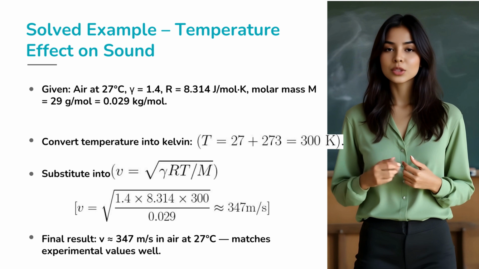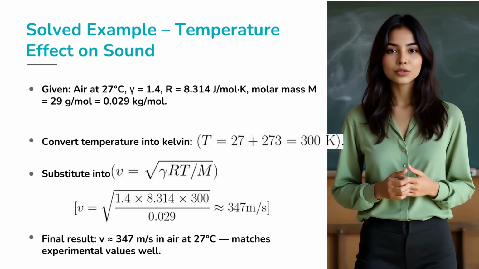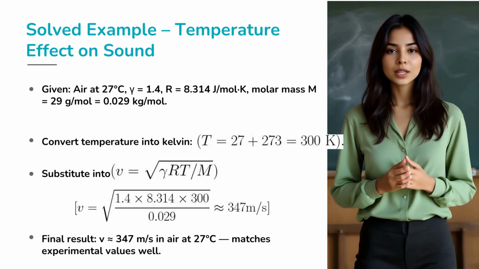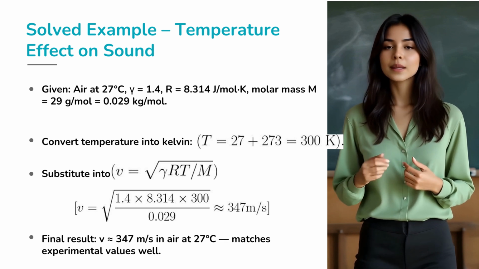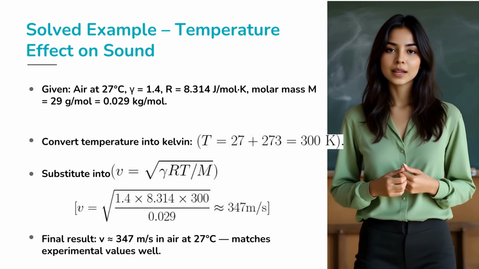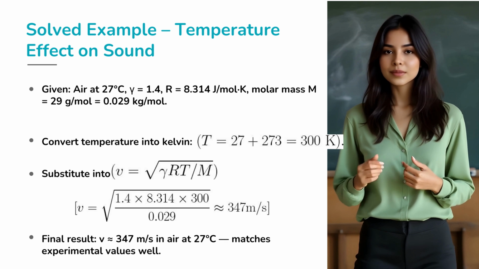That means in air at 27 degrees Celsius, sound travels about 347 meters every second, which matches well with what experiments show. This example isn't just math, it shows us how physics formulas help predict real-world things, like how your voice travels across a classroom on a warm day.